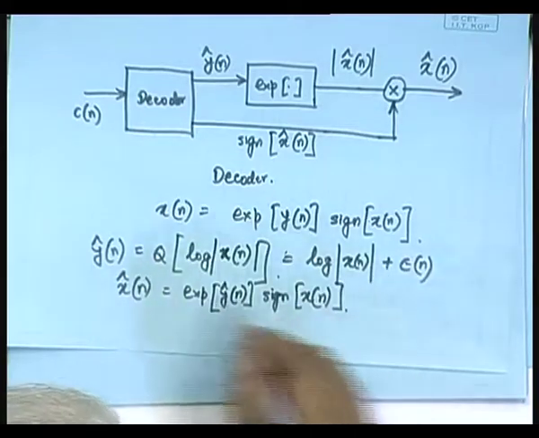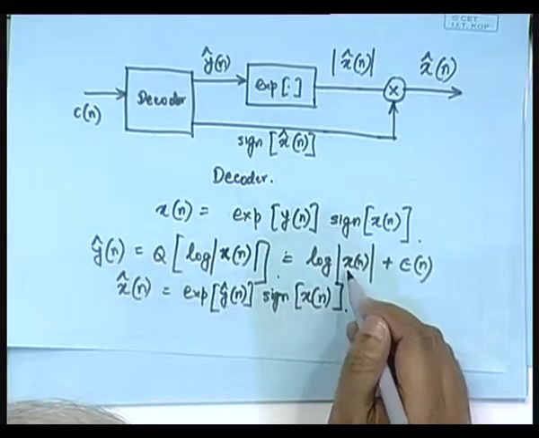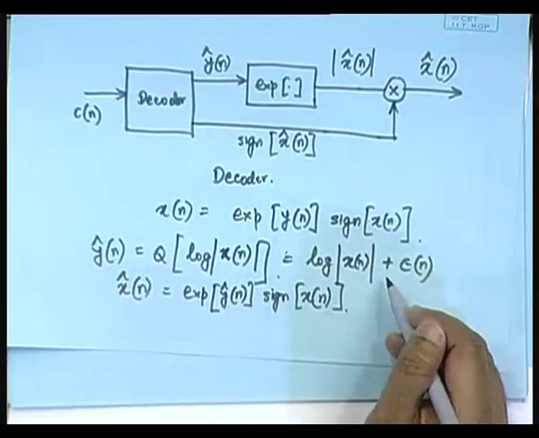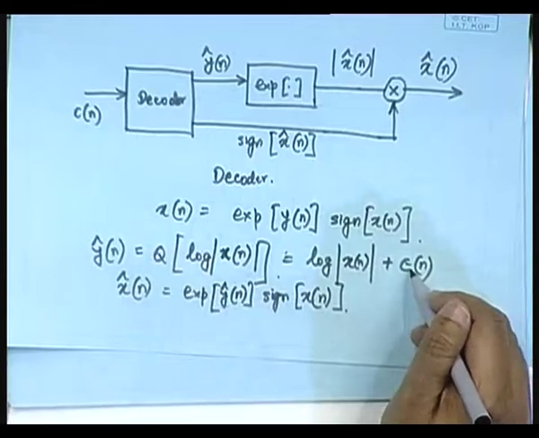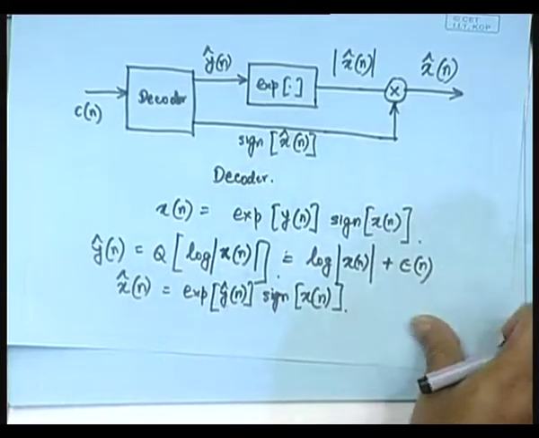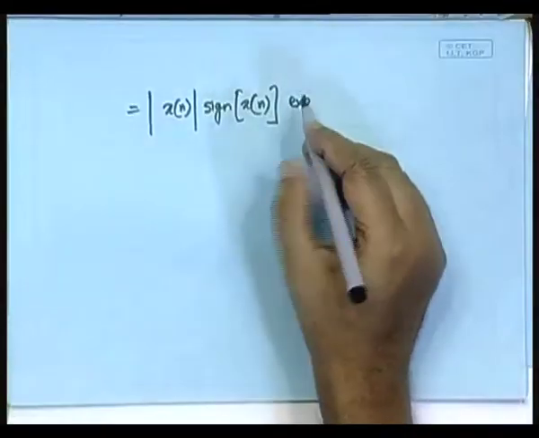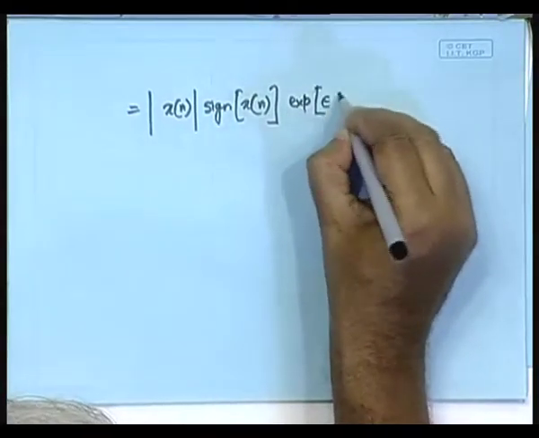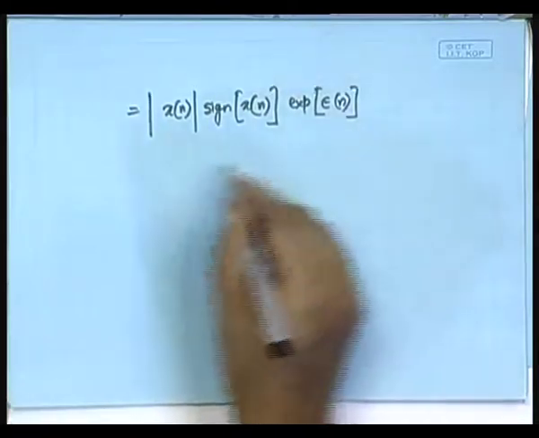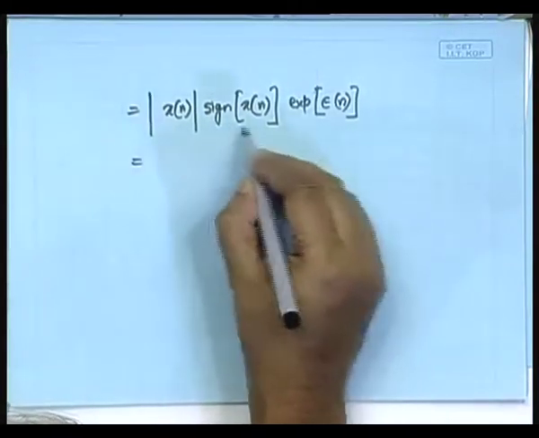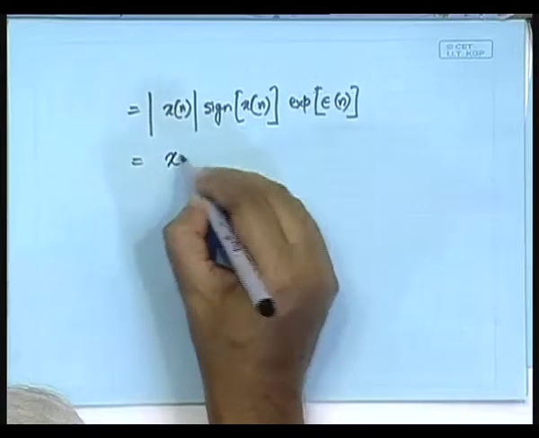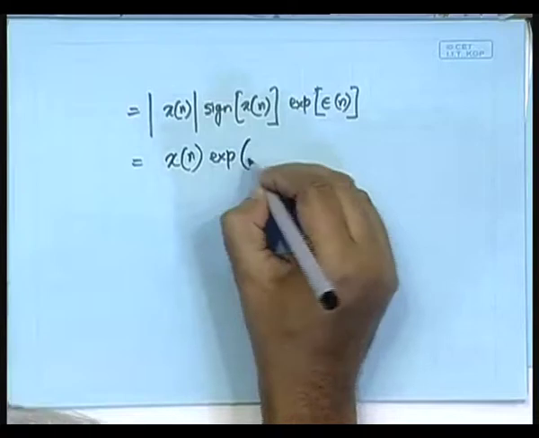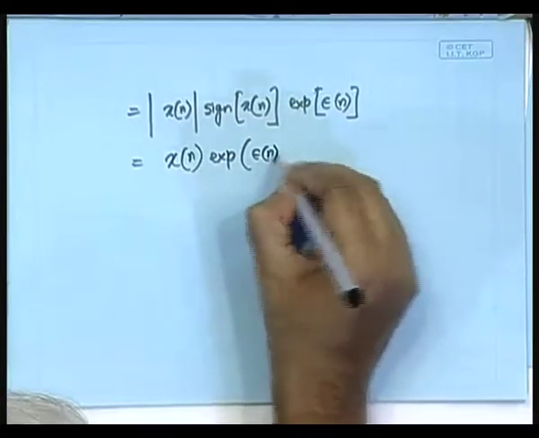So, there will be a quantity exponential of this logarithm of x n, which is simply x n, and then there will be another term, exponential of epsilon n, which we get outside. This whole thing, mod x n sine x n, is nothing but x n. So, this is x n into exponential of epsilon n.